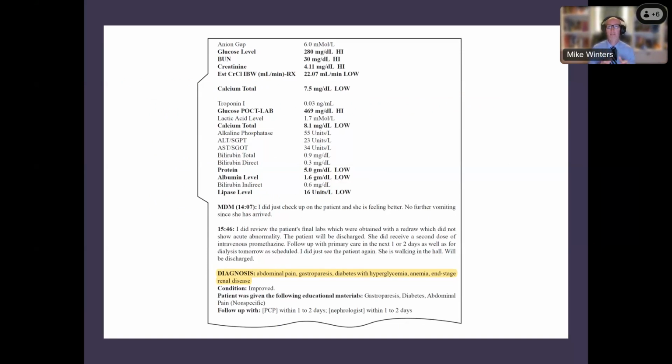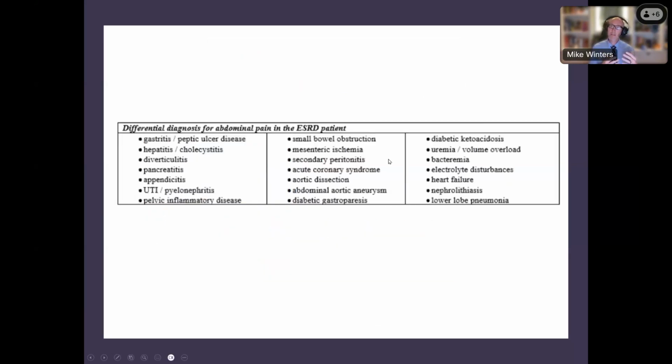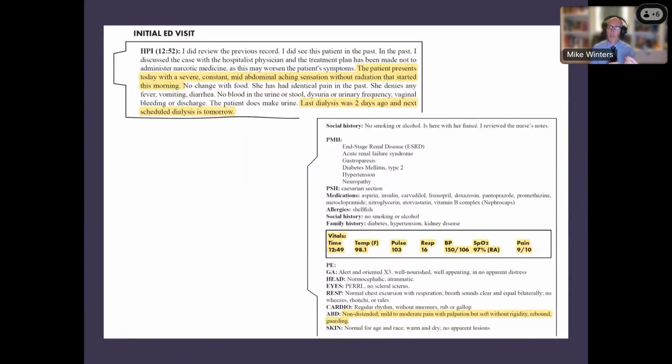Now, having said that high level 40,000 foot approach to just ordering labs and diagnostic imaging, I'm going to lean back to something that Greg said and that anchoring bias on gastroparesis from the first visit. For me, as you were presenting the HPI, Mike, I heard abdominal pain, but I didn't hear vomiting. In fact, there was no vomiting. And something is atypical in the presentation of this patient.